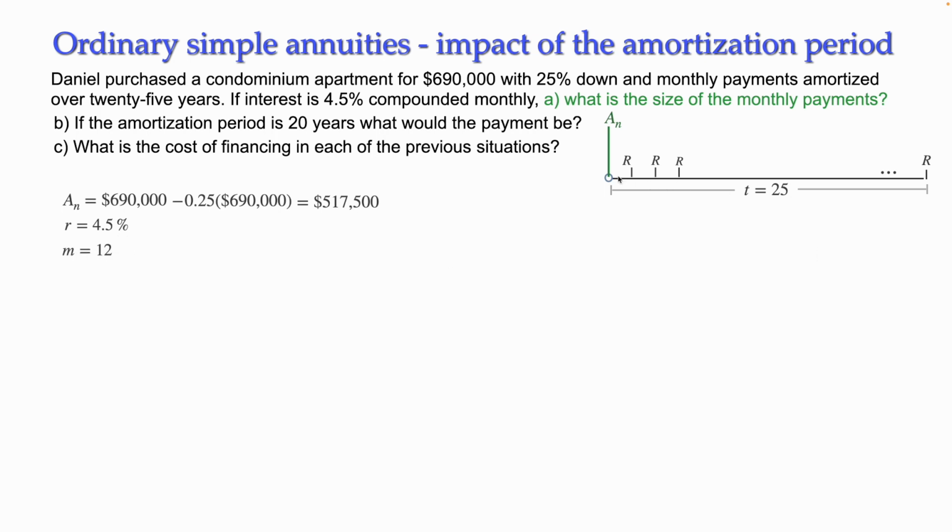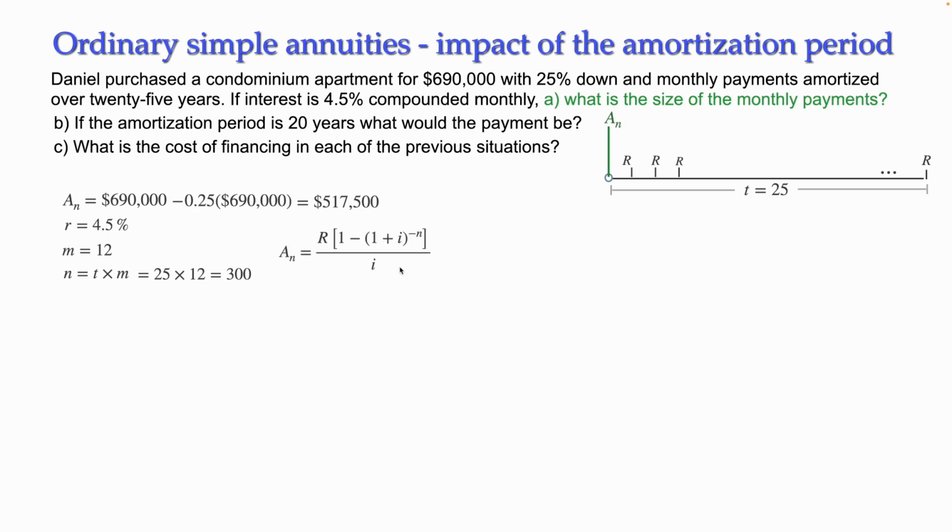So we need to compute the total number of payments, but the total number of payments in this case will be 25 times 12, will be 300. Good. So this is the number that you are going to use in the formula of the present value to compute the payments. Obviously, you are going to compute the payment, but you need the formula of present value because we know the present value in this problem.